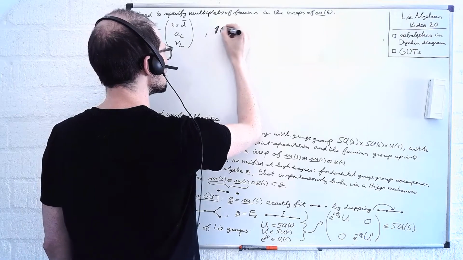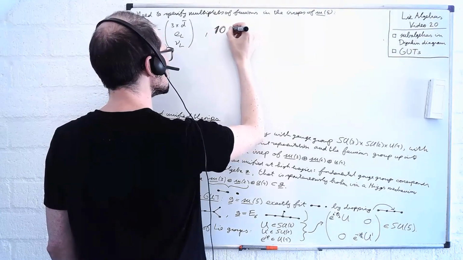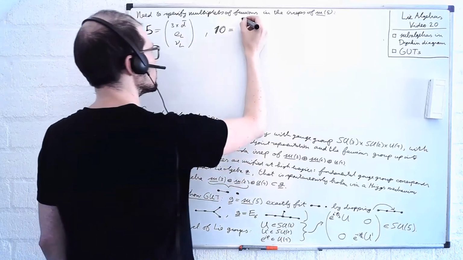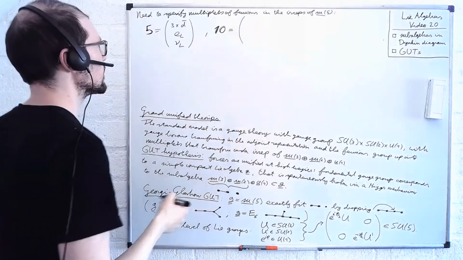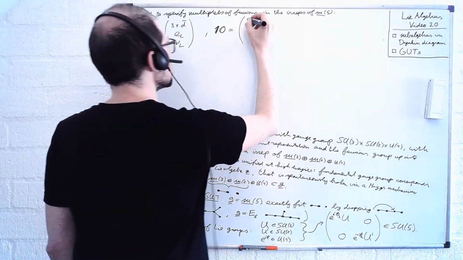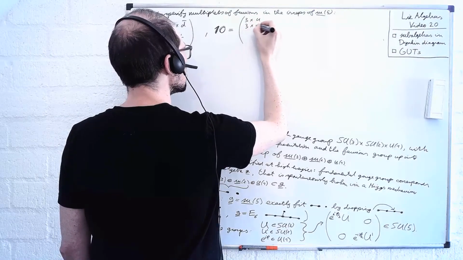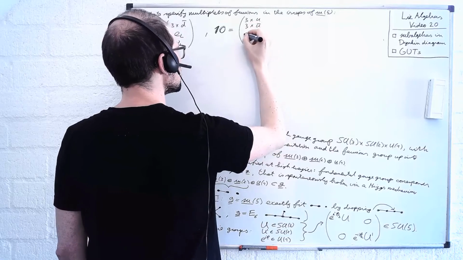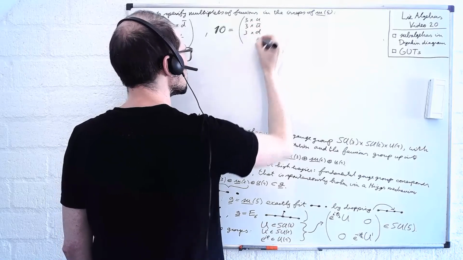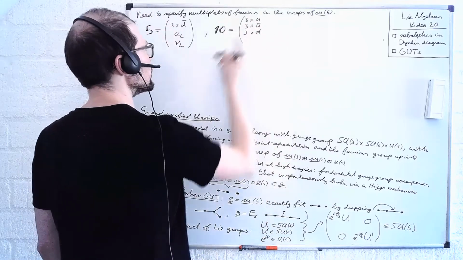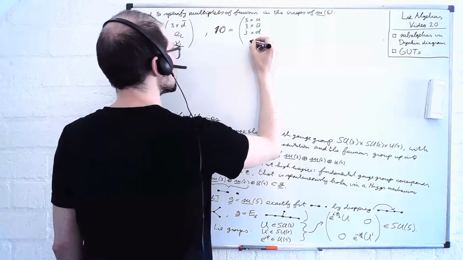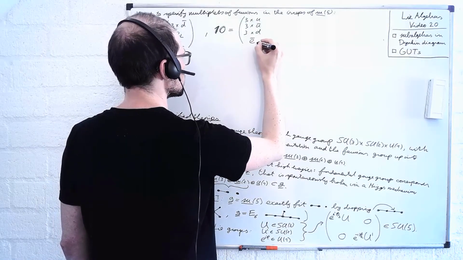Then there is also a 10-dimensional irreducible representation, which I did not derive for you, but it exists. And there one can fit exactly the 3 up quarks, the 3 up antiquarks, the 3 down quarks, and then there is just one left, and there we can put the anti-electron.